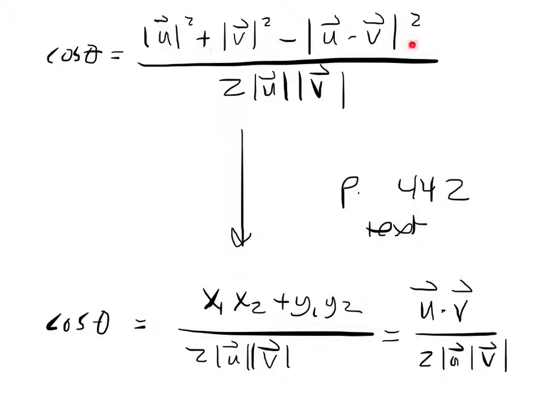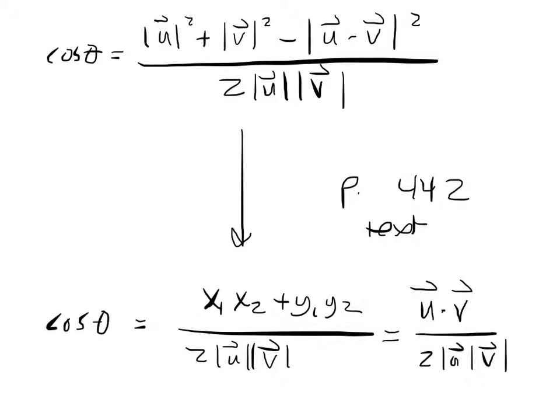This big mess up top here, if I go ahead and plug in our component form for these three terms, and you can see how that's done on page 442 in your text, a lot of things will cancel, getting you down to x1, x2 plus y1, y2 for all this huge mess up top. And we recognize that as our dot product, u dot v.